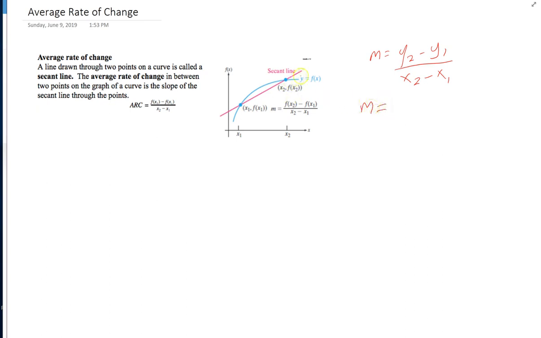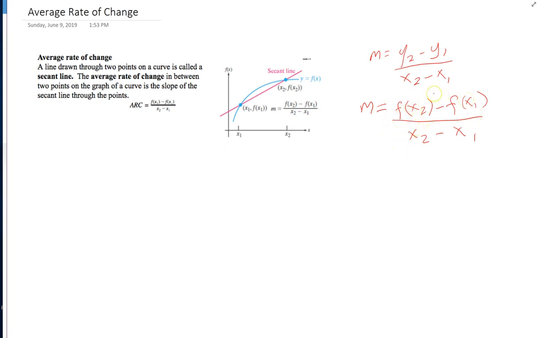And because we named the points where it cuts the curve x sub 1, f of x sub 1, instead of y sub 2, we will have f of x sub 2. And instead of y sub 1, we'll have f of x sub 1. All that will be over x sub 2 minus x sub 1, which remain the same. So that is a formula for the slope of a secant line, right?